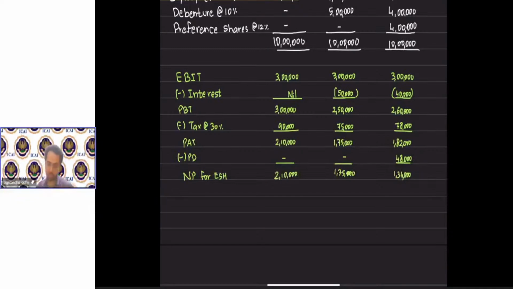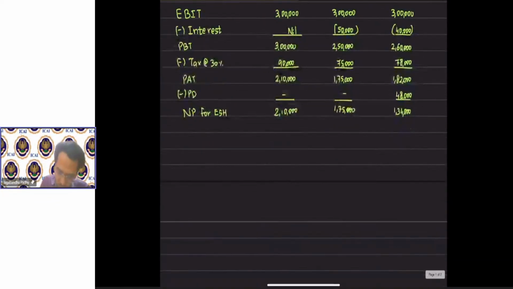Of course, you can't decide just by the net profit for equity shareholders, because you need to compute how much profit you are earning for each shareholder. For each shareholder, how much profit you are generating, that is what's more important.